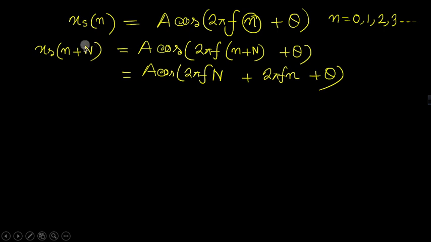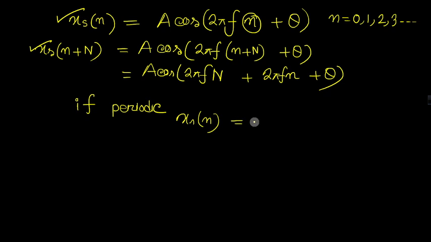So we have 2 different voltage levels at different times. Now this signal may be periodic or not periodic, but if this signal is periodic, we have to say that this voltage level and this voltage level are the same. That means xs(n) and xs(n plus N) are equal.